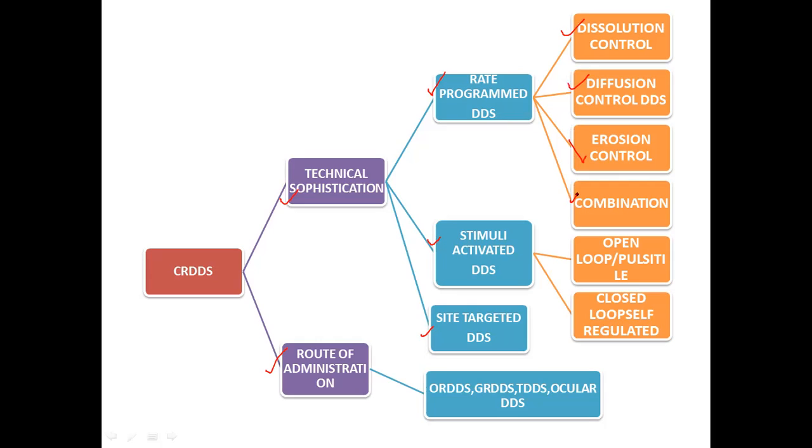Dissolution control means the systems where the rate limiting phenomenon responsible for releasing the drug or imparting the controlled release is characterized in two ways: either slow dissolution rate of the drug, or slow dissolution of the reservoir membrane or matrix system. Second, diffusion control, where the rate controlling step is not the dissolution rate of the drug, but depends upon the diffusion of dissolved drug molecules through the rate controlling elements.